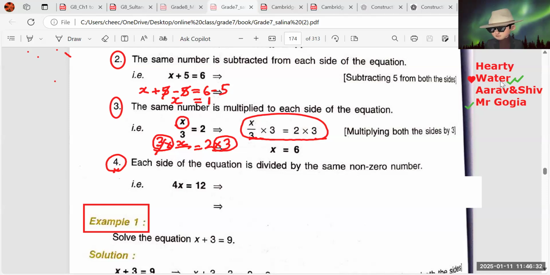I'm giving. At least give me a heart or a star. So sent. Oh, sorry. I made a mistake. May I edit? Yes, you can edit.